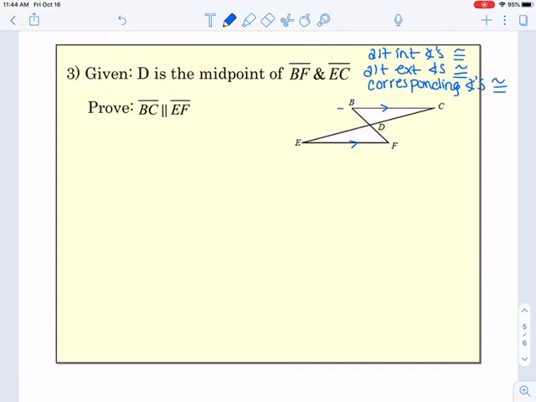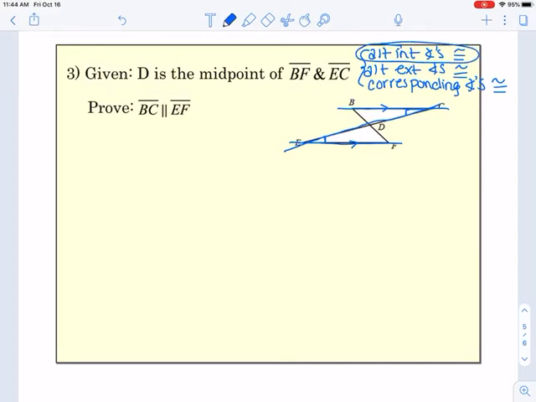Okay, so if I want to prove that this is parallel to this, here's going to be my transversal there. So from this group right here, when I look at that picture and I look at the triangles, the angles that are inside the triangles that are related to those blue lines is this angle here and that angle there. So those are going to be alternate interior angles.